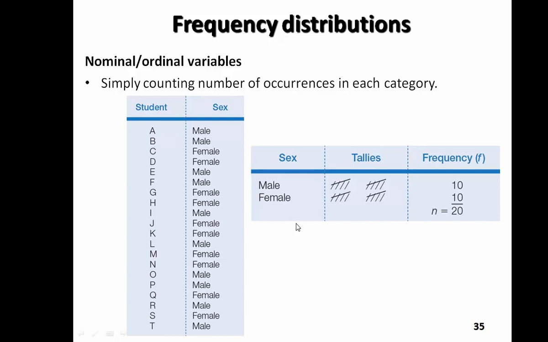In this particular case, the tallies indicate that there are 10 males and 10 females, an equal number within both of these categories. But oftentimes there are a larger number of categories, and that's where a frequency distribution becomes very unique in providing an overall understanding of how those data will distribute.